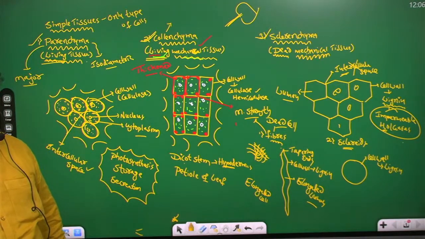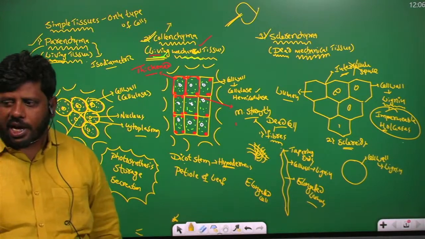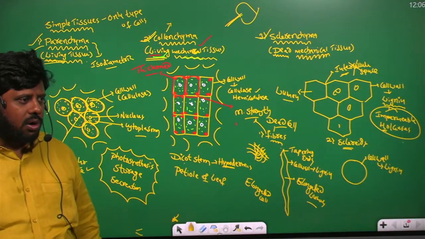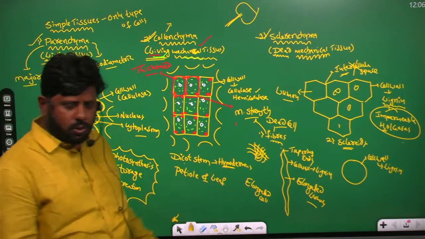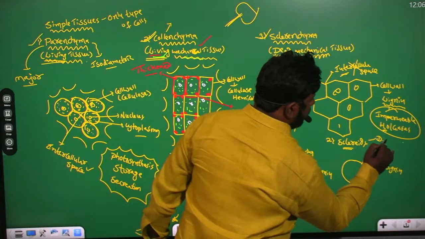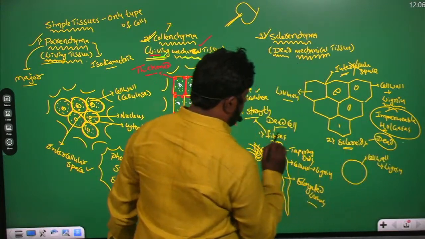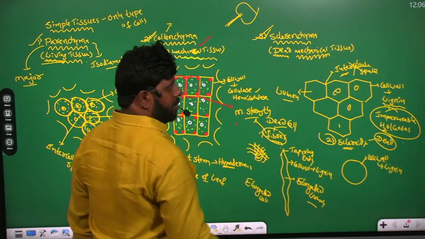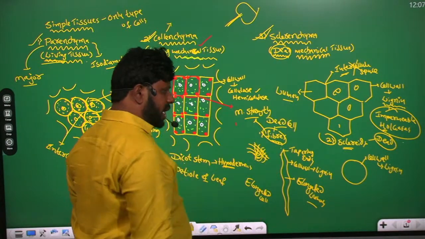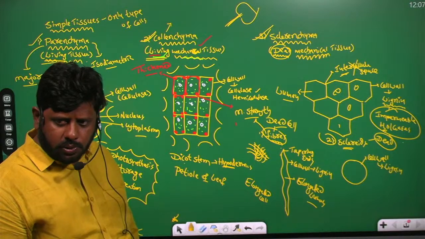This lignin is impermeable to water and gases, so the inner nucleus and cytoplasm disappear. That's why sclereids are also dead. Fibers and sclereids are both types of sclerenchyma. Sclerenchyma is dead, so automatically fibers and sclereids are also dead.